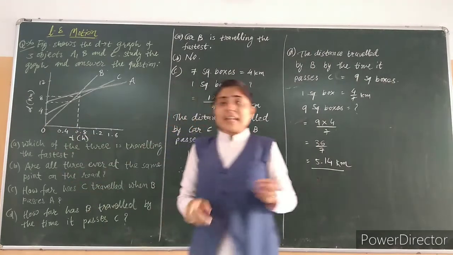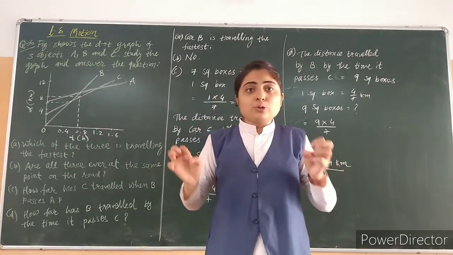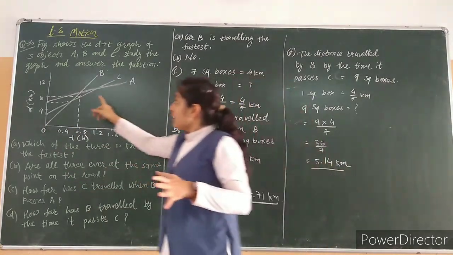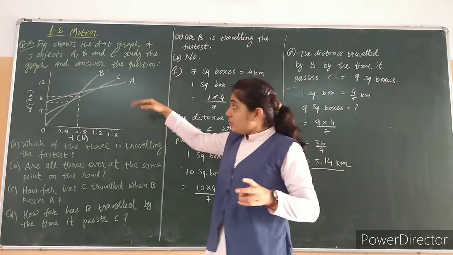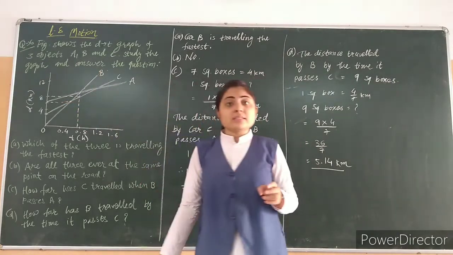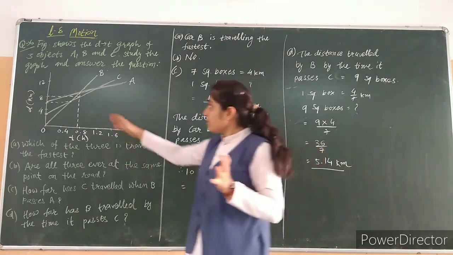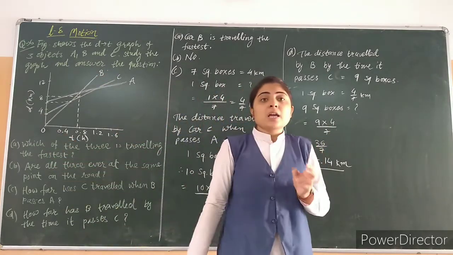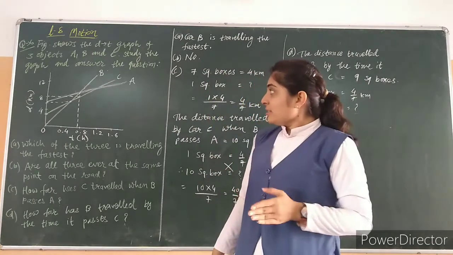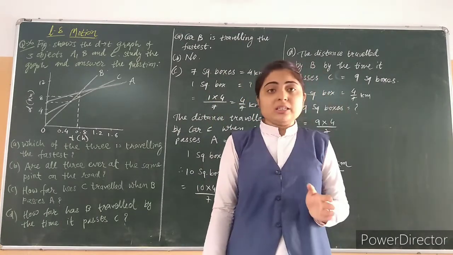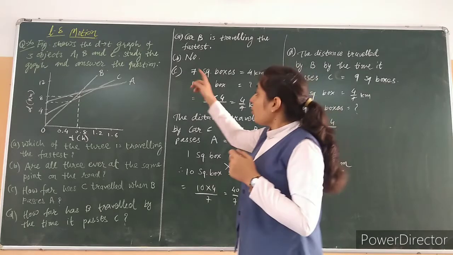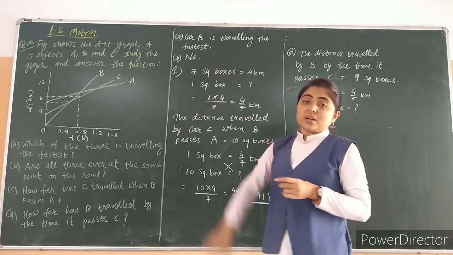So all the slanting lines have some slope, and the more the angle with the horizon, the more the slope. Okay, so we can say that object B is a very steep line, making more angle with the horizon. So that's why object B will be traveling the fastest.